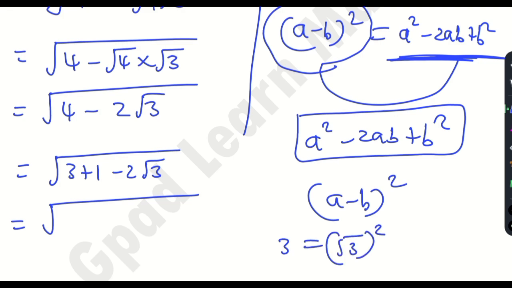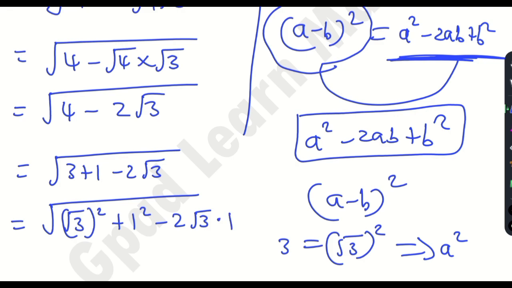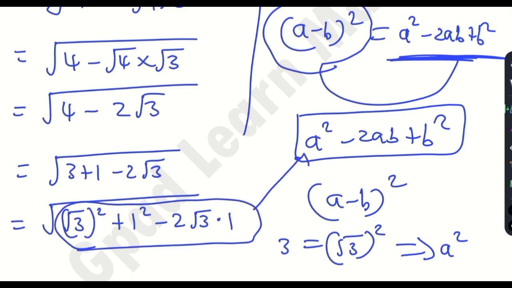So it's almost looking like what now? It's now of this form, a squared. So let me write 3 as root 3 all squared plus, what about 1? 1 squared. Of course, you can do that. Then minus 2 root 3. I can even write times 1 here because it's still the same thing as negative 2 root 3. So it's almost like this form as I have here. Now let's do some comparison and I'll show you why.